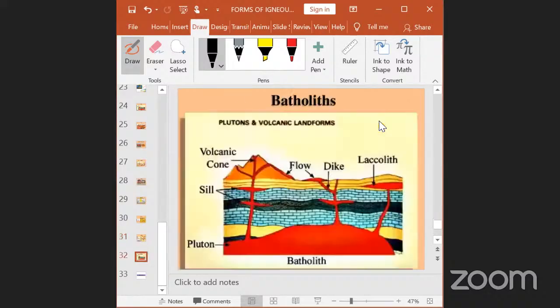The next one is batholiths. You see here, this is the batholith. These are the largest known intrusive igneous bodies, characteristically occurring in mountain regions. The sides of a batholith slope away from each other, which makes them larger and larger downwards, and they extend to a very great depth, right?